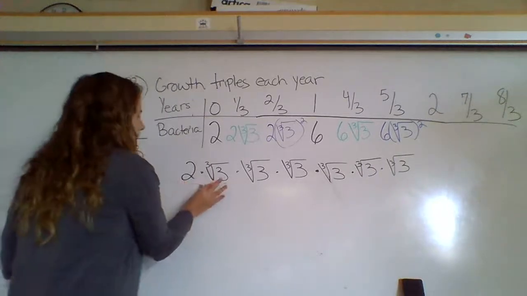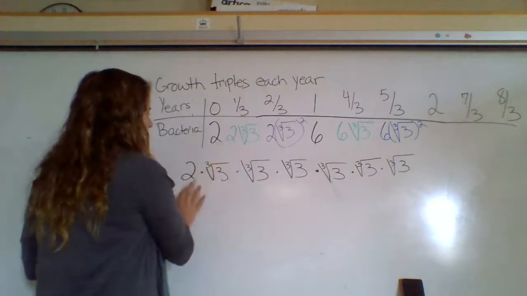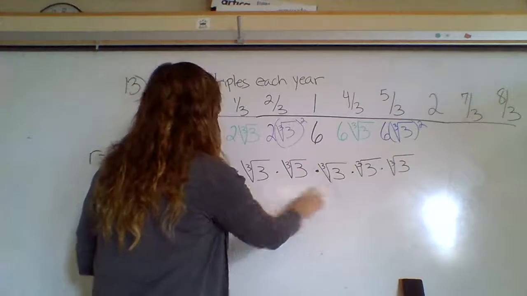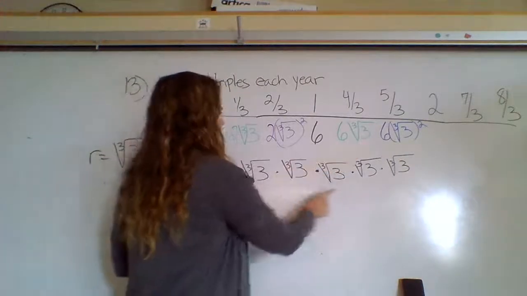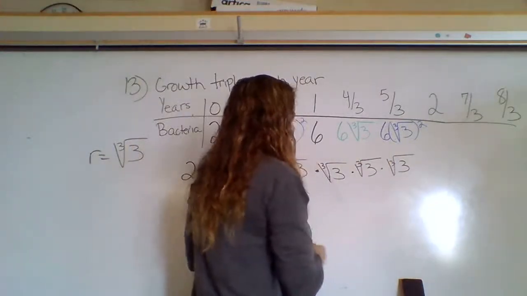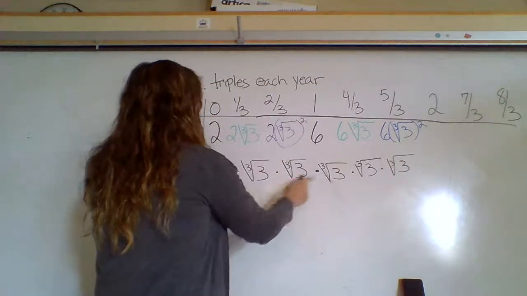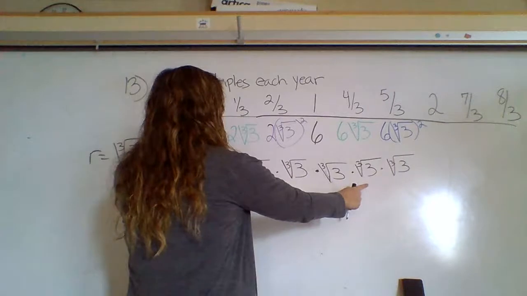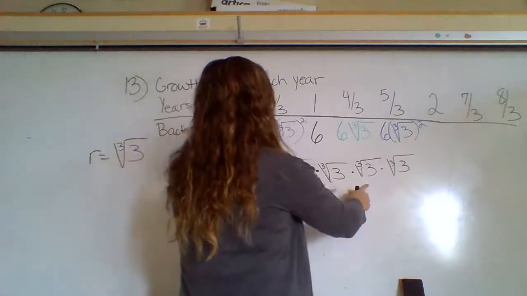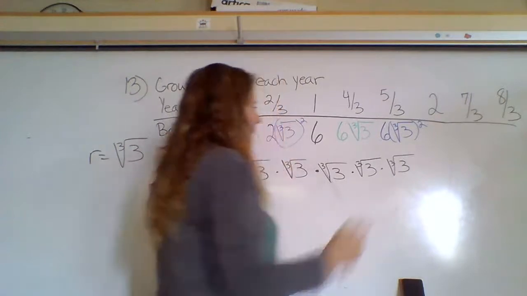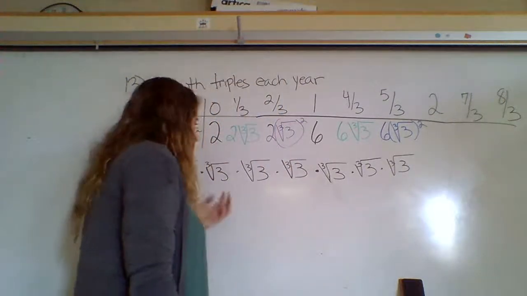Wait, okay, so this is there, to there, to there, to there, to there. 3, 4, 5. Now I forgot what I was going to show you with that. Maybe it'll come back to me later.